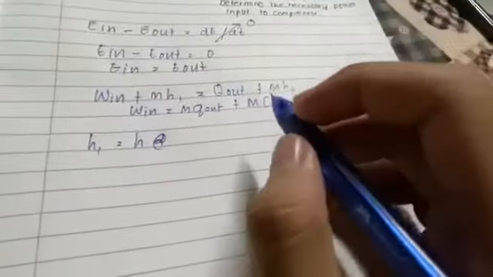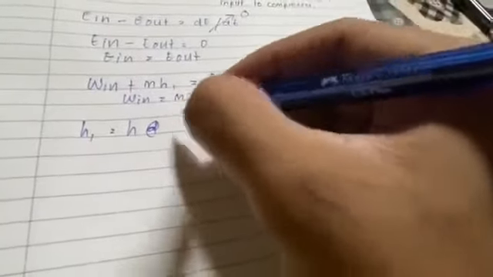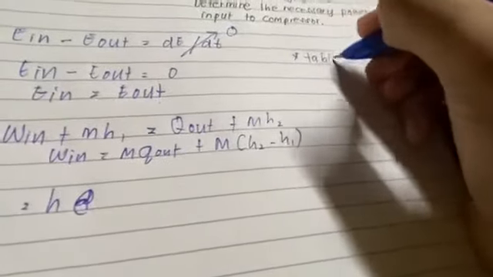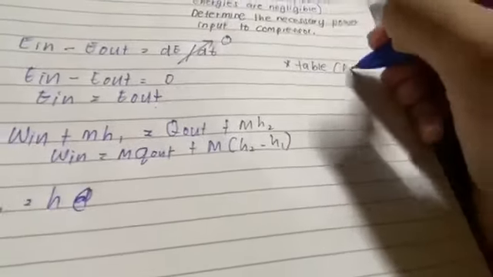From this, what we have to say about the enthalpy: the value of enthalpy can be determined from the table. For this case, it can be determined from the air tables, table A17, to get the enthalpy value.